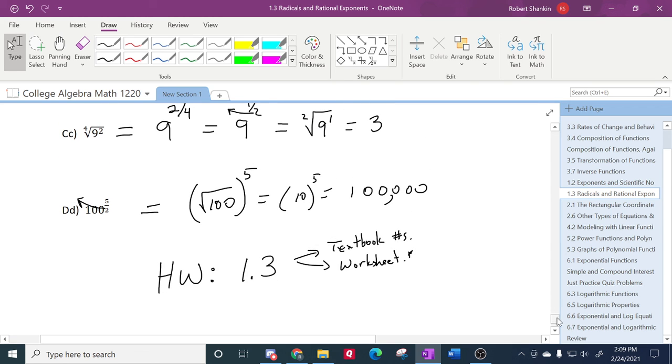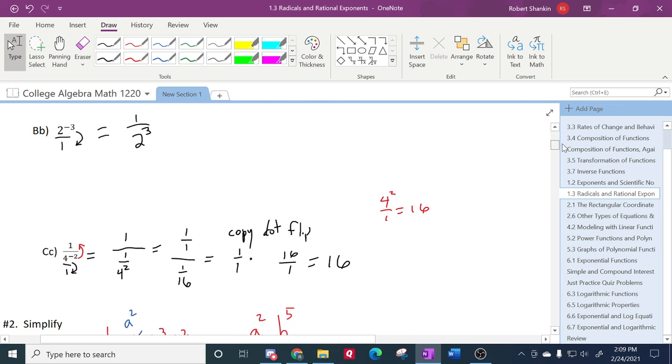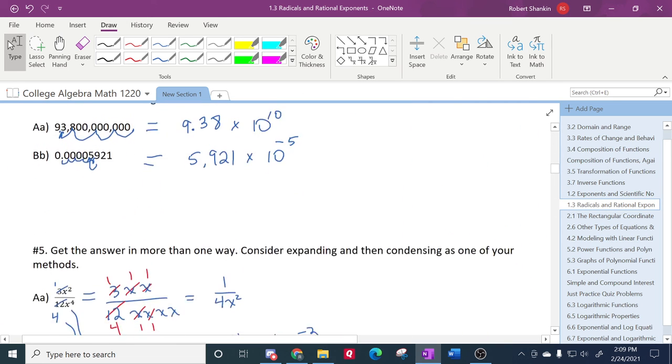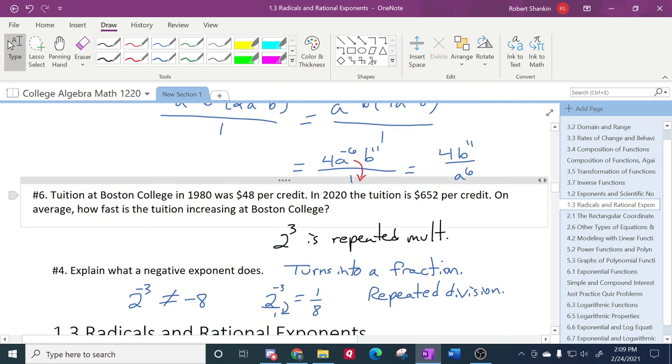And we have a few minutes left. And if there's no more questions, I want to take us to a practice quiz problem that we didn't have time for. Let's go up to here.